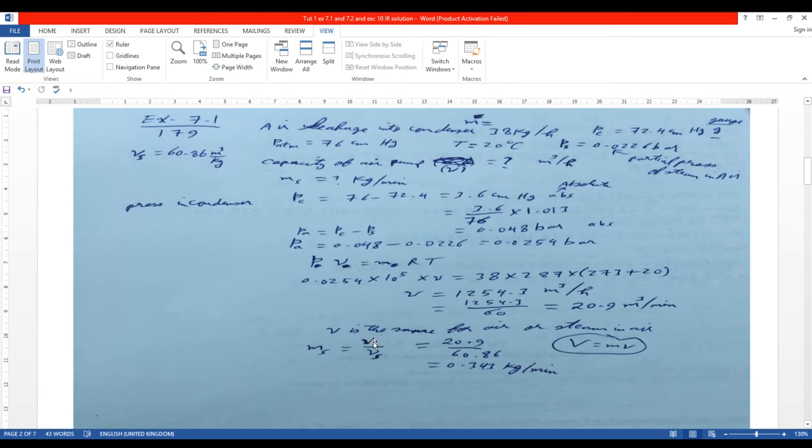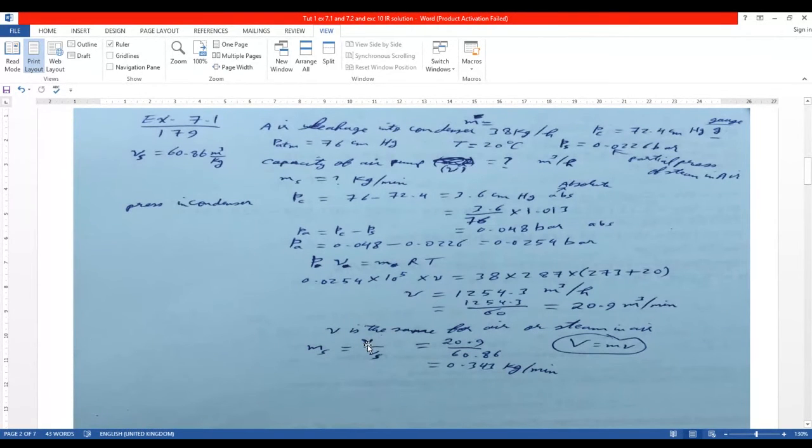In this case, it is actually volumetric flow rate, so obviously the mass will be mass flow rate. So M dot S equals V dot S over small vs, which is the specific volume of steam. Specific volume of steam is given already in the question, 60.86 meter cube per kilogram. V dot A we already calculated.